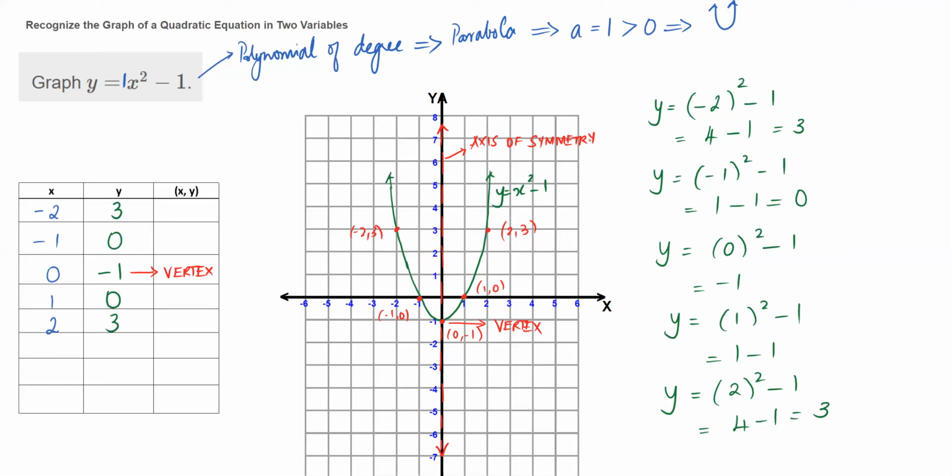If you were to fold this on a piece of paper along the axis of symmetry, you'll see that the green arms of your parabola will coincide with each other, right? That's the meaning of symmetry. And that's what we have. So the line of symmetry, or axis of symmetry, passes through the vertex.